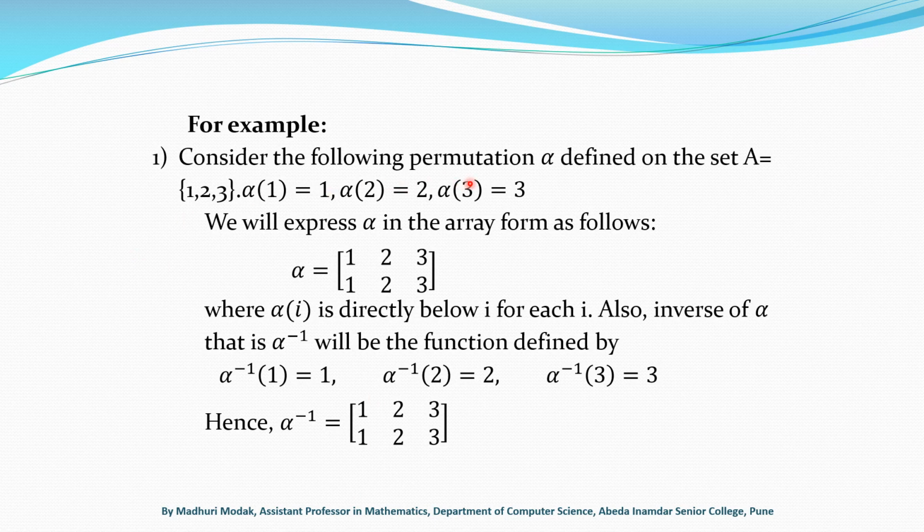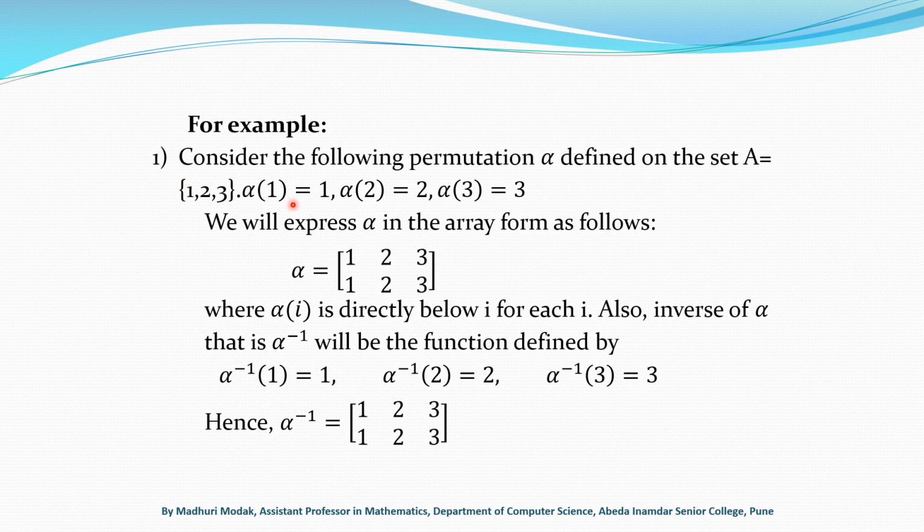Consider the following permutation alpha defined on the set A = {1, 2, 3}. Actually on the set A = {1, 2, 3}, we can define 6 permutations. That permutation is nothing but a function from {1, 2, 3} to {1, 2, 3}, which is 1-1 and onto. So there are total 6 permutations that we can define.